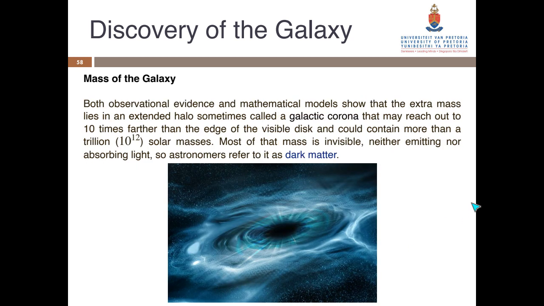Both observational evidence and mathematical models show that the extra mass lies in an extended halo, sometimes called the galactic corona, that may reach out to 10 times further than the edge of the visible disk and could contain more than 1 trillion solar masses.